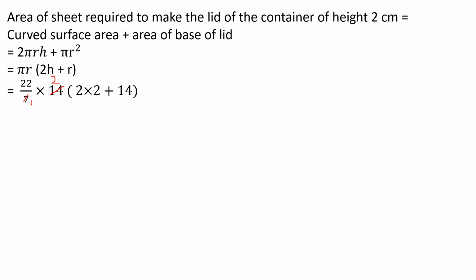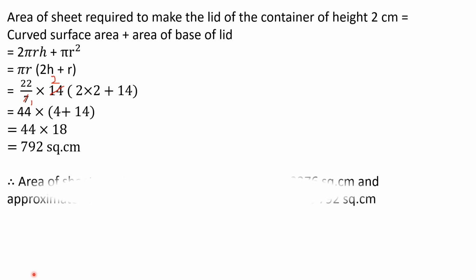So you'll multiply 22 into 2 and get 44 into, in bracket 2 twos are 4 plus 14. Now add this, so next step 44 into 18. You'll multiply and get the answer as 792 square centimeter.